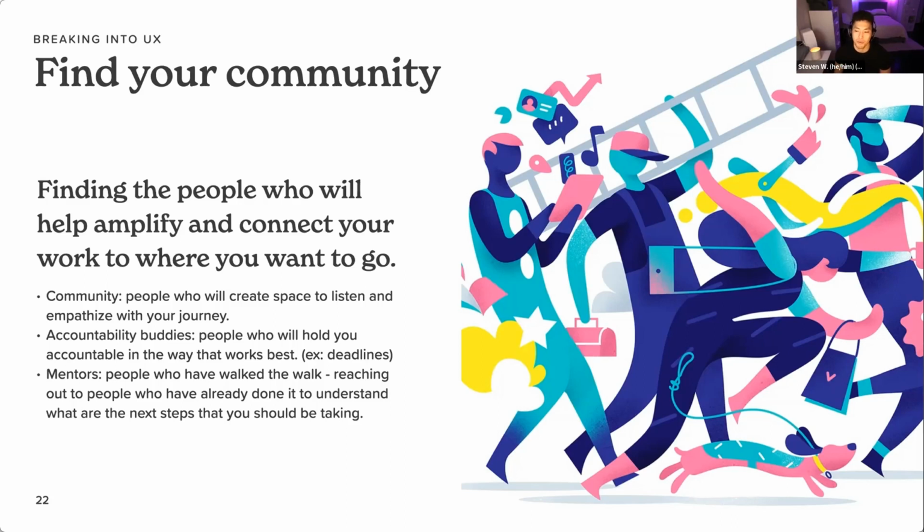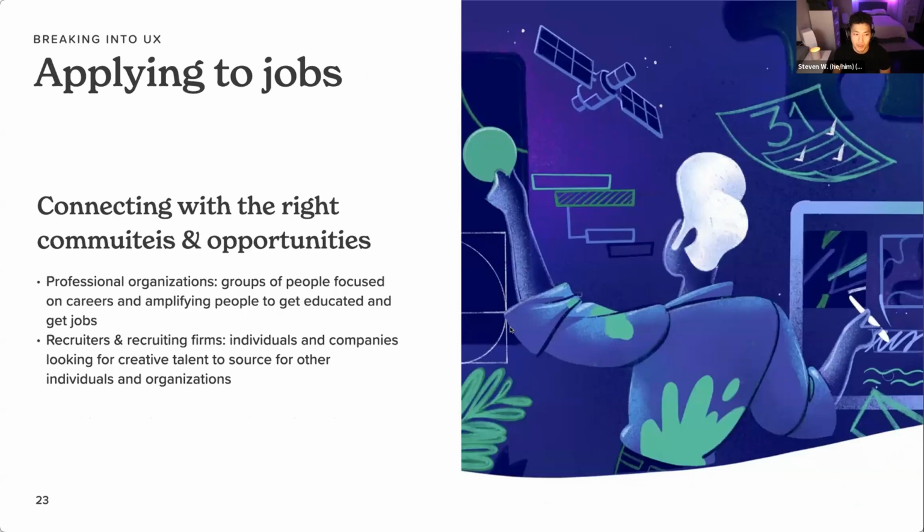So many people are reaching out to design leaders who are so much more senior, but oftentimes they are working with so many people to begin with. So maybe just looking at the people who have that next role ahead of you could help cut through some of that noise as you're thinking about applying to jobs.